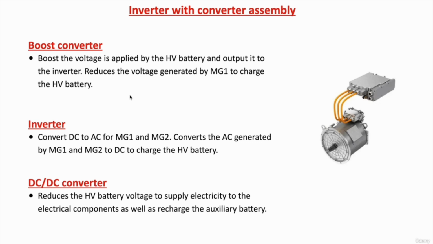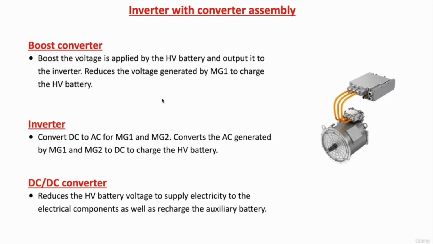And while doing regenerative braking, we need low voltage so that we can store it in our battery. So this also helps to reduce the voltage and store it in the battery. The simple function is that it helps to boost or reduce the voltage to make it suitable for your HEV battery and suitable to drive the wheels.